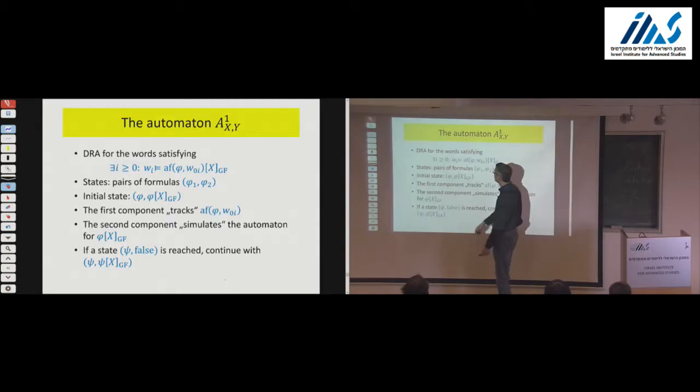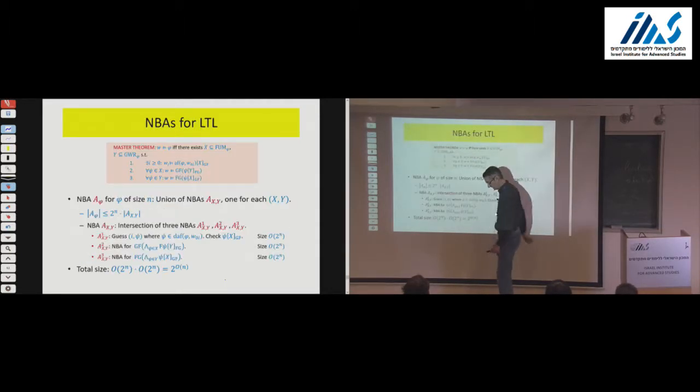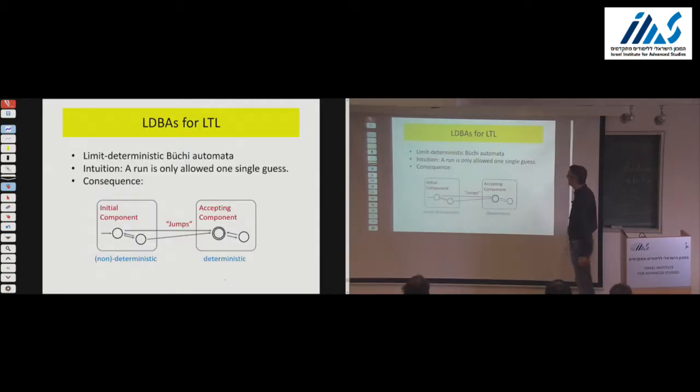And of course, there is obvious use for model checking of NBAs. Let me tell you about something, I don't know if you know, limit deterministic Büchi automata. The idea is that these automata are really pretty expensive, and this is a recent attempt at constructing automata which in practice actually behave better.